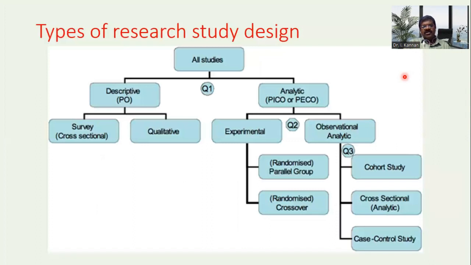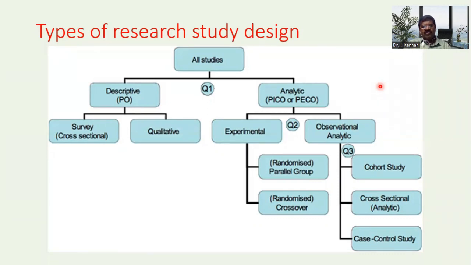The third important thing you have to understand is what type of research study you are going to undertake. Broadly, the research study may be either descriptive or analytic. What is the difference between descriptive and analytic? Very simple. Descriptive studies will not have any hypothesis.